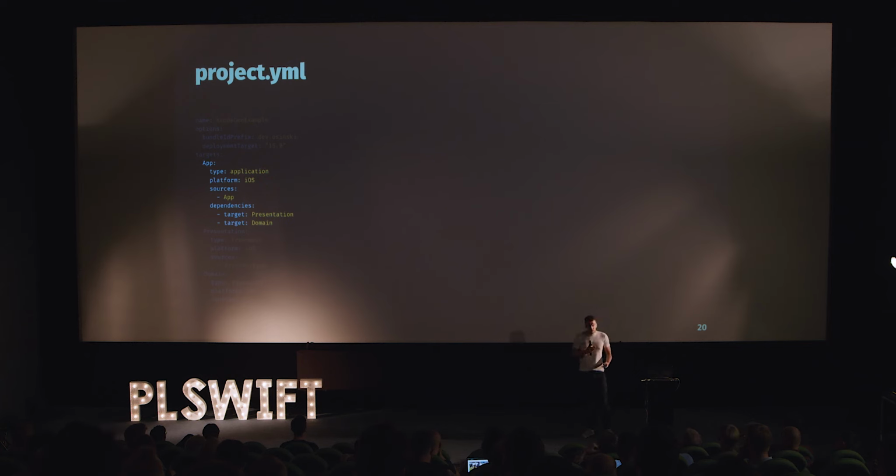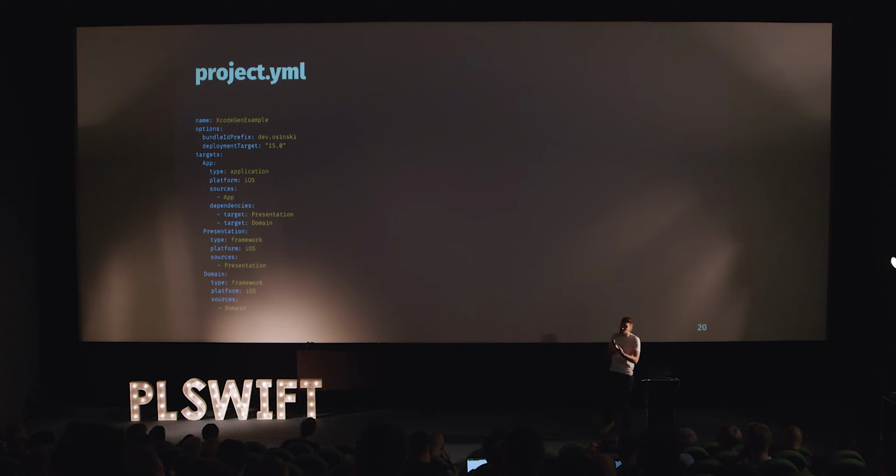And of course, you can alter that with further options. You can also provide many directories for sources. You can provide some exclusion rules. Later, we define dependencies. So our app target depends on presentation and domain targets, which we define underneath. And again, we define them by just providing type, platform, and sources.